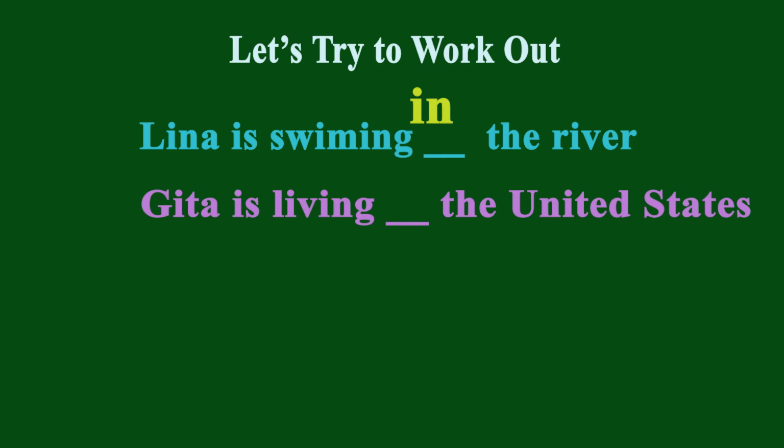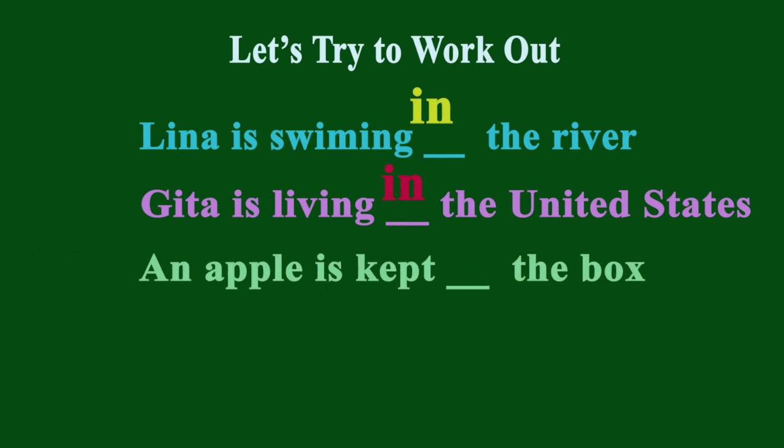We have already learned for town, city, country, continent we use the preposition in. Geeta is living in the United States. An apple is kept dash the box. So the apple is kept within an enclosed space, that is the box. So we will use the preposition in. An apple is kept in the box.